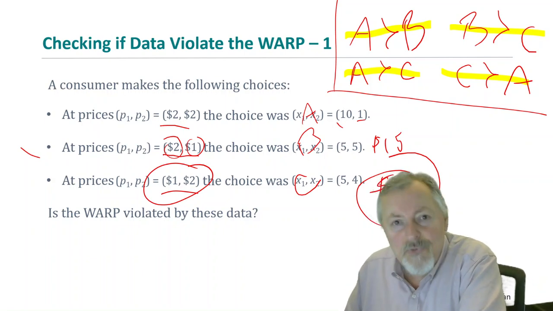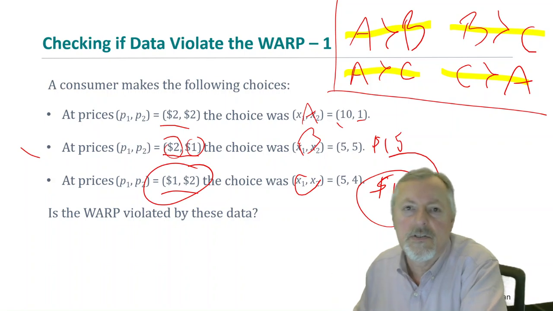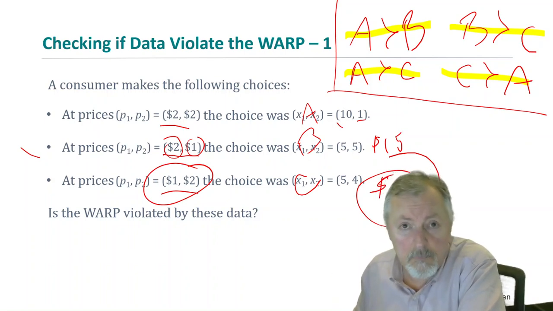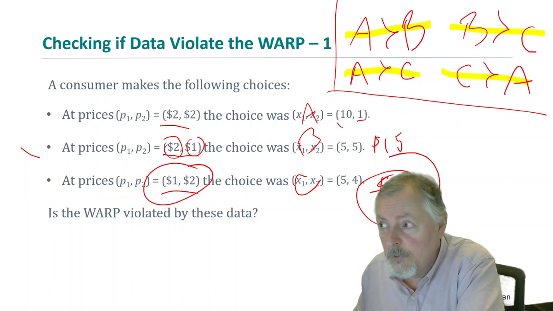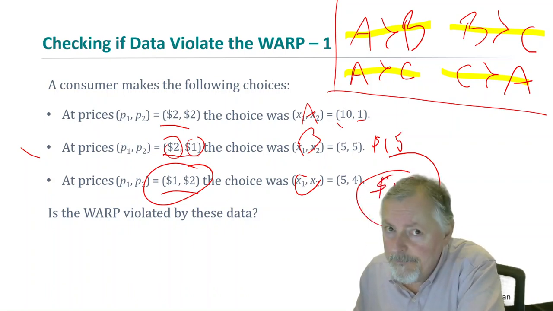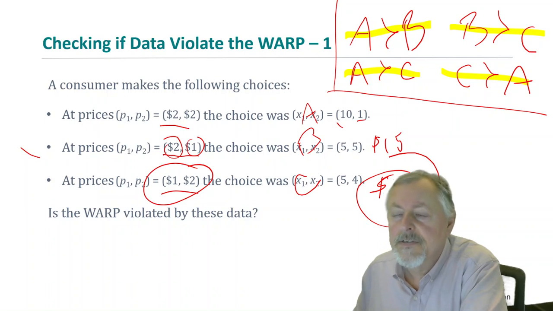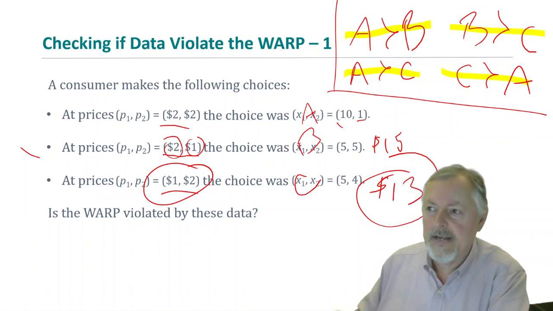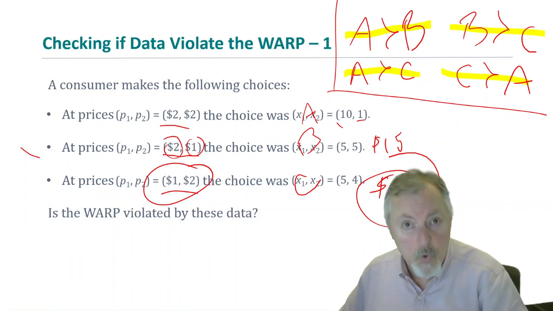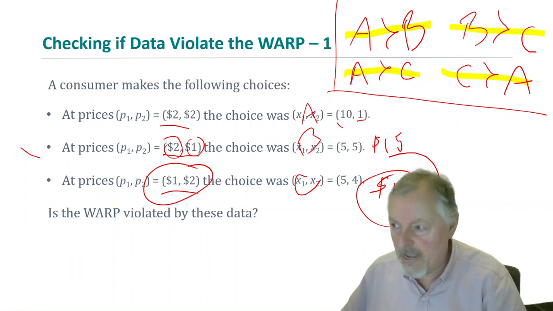You also directly revealed you like C better than A. In both of these cases, both A and C were affordable. In one of them, you picked A. In the other, you picked C. That's contradictory. This is a violation of the weak axiom of revealed preference. This person's choices, by the WARP standard, are not rational.